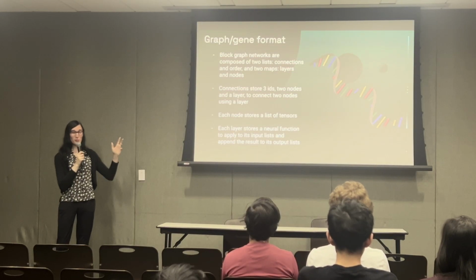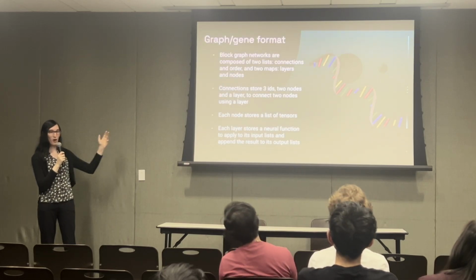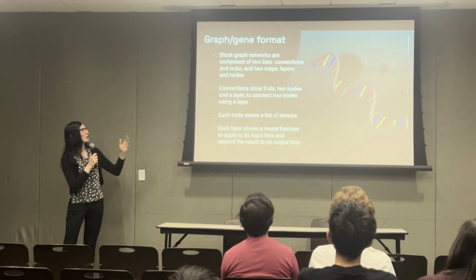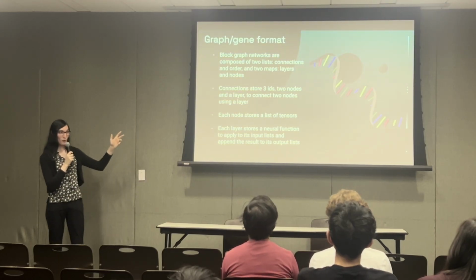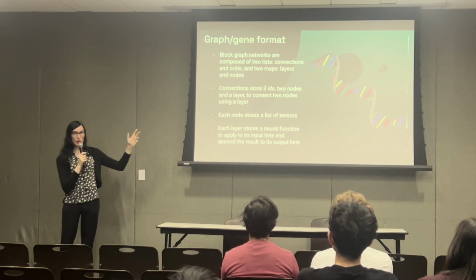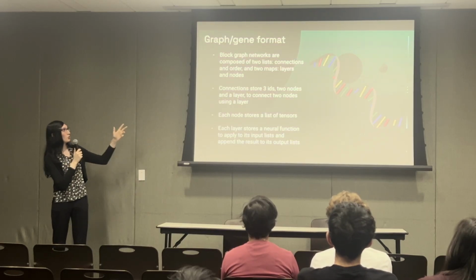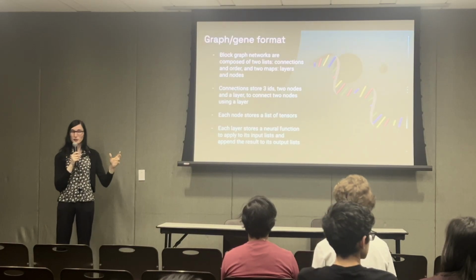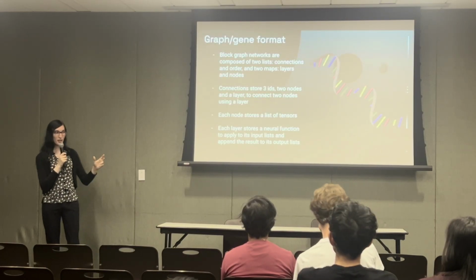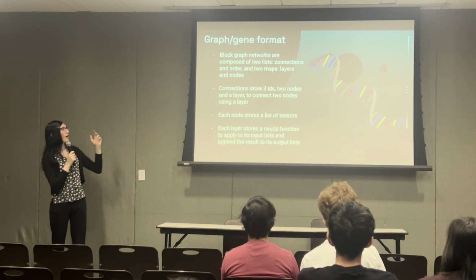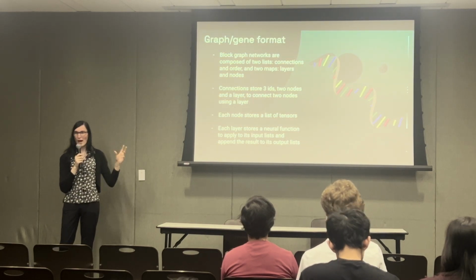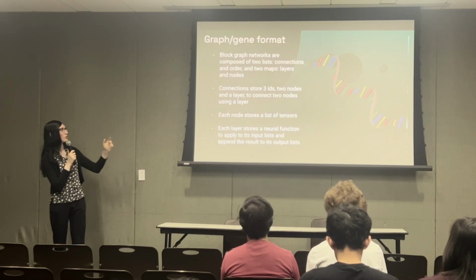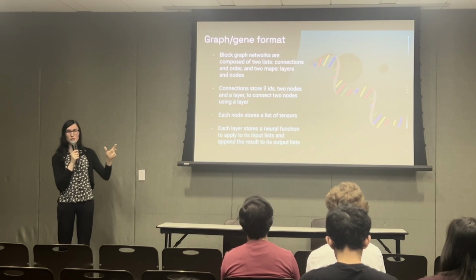Here I will explain some details of the block graph format and the gene format. So we make a block graph network out of 4 collections, 2 of which are the list of connections and the list of what order to run the connections in. And the other 2 are maps from IDs to layers and IDs to nodes.